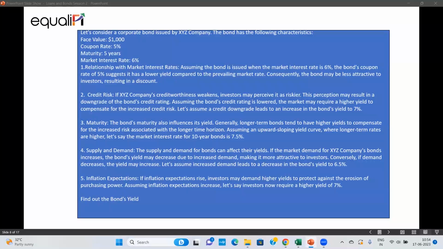Correct me if I'm wrong. If you invest for 3 years, at least you can foresee what is going to happen 3 years down the line. But if you invest for 20 years, there could be lots of ups and downs. Is it right or not?